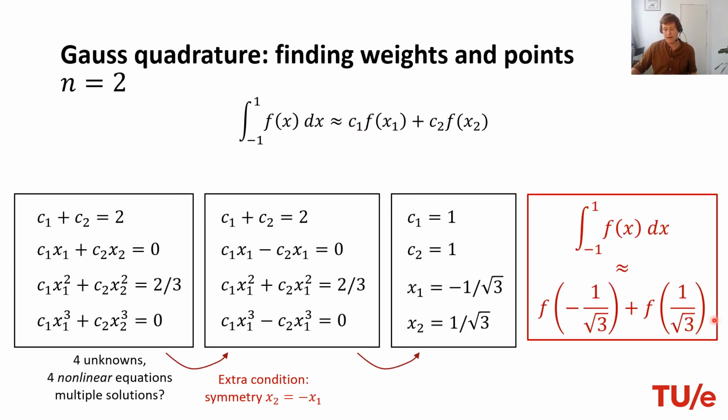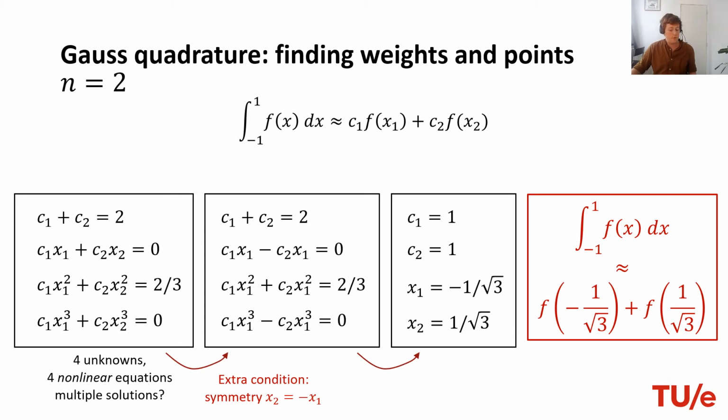And then we find that this is the Gauss Quadrature rule for 2 Gauss points. So if we want to integrate a function between x is minus 1 and x is equal to 1, all we have to do is, well, we evaluate that function at x is minus 1 over square root of 3 and add to that the function evaluated at 1 over square root of 3.